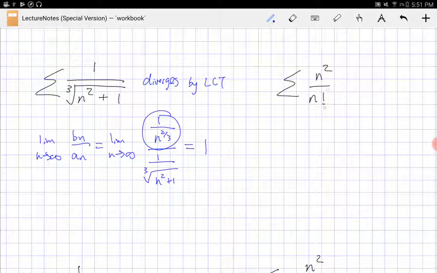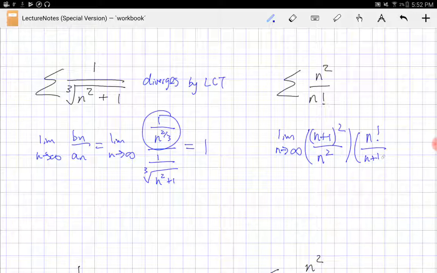With this series, because I see there's a factorial, I'm going to use the ratio test. The ratio test is super effective for any series with a factorial because of the nature of a factorial. So in this case, we have n plus 1 squared over n squared times n factorial over n plus 1 factorial.